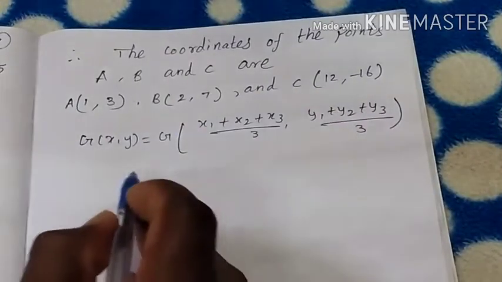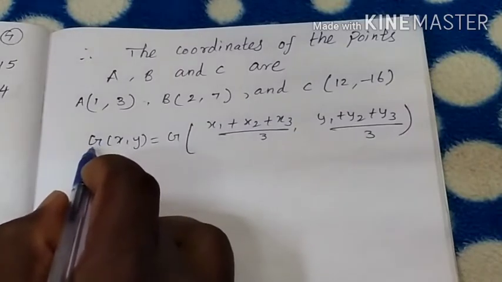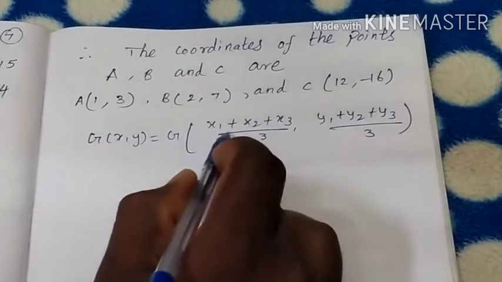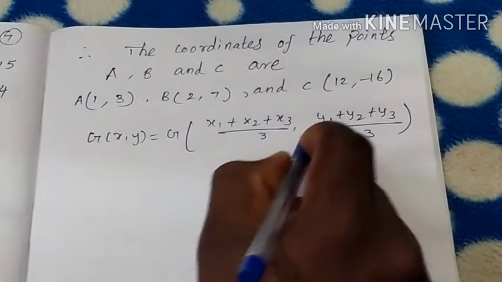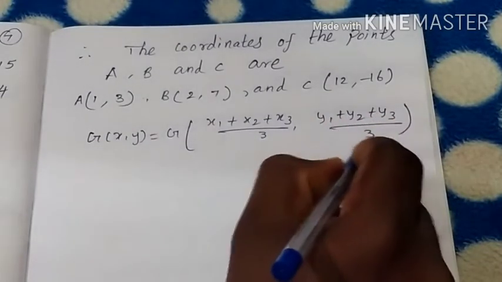The question is, find the centroid of the triangle. So the formula is G(x, y) = G((x1 + x2 + x3)/3, (y1 + y2 + y3)/3), which is equal to G((1 + 2 + 12)/3, (3 + 7 - 16)/3).